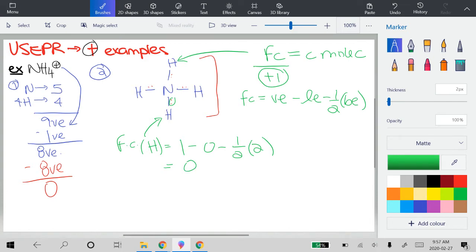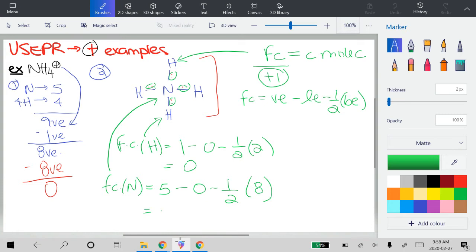That gives us our 0. So nitrogen next. Nitrogen wants 5, has no lone electrons, and half of 2, 4, 6, 8 for that nitrogen. So that leaves us with a +1, which is what we wanted because the molecule should have the overall charge of +1.